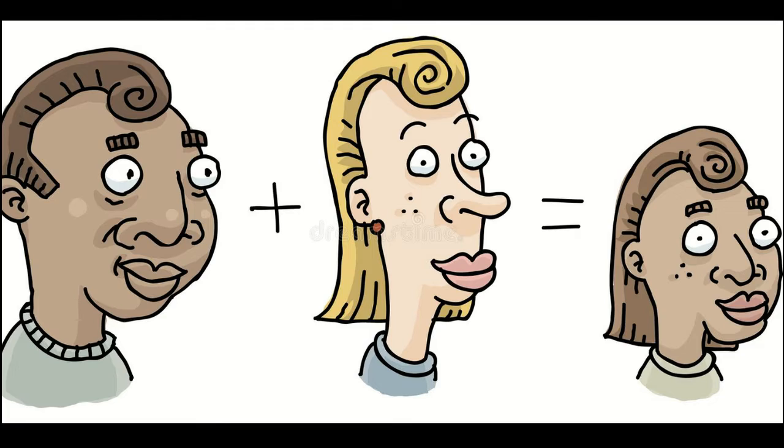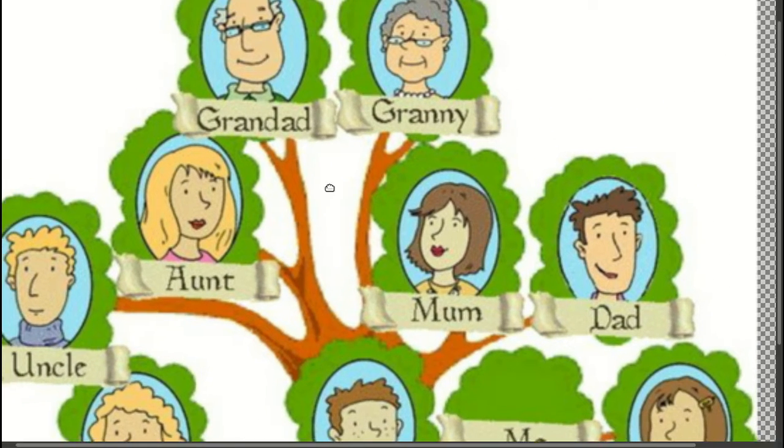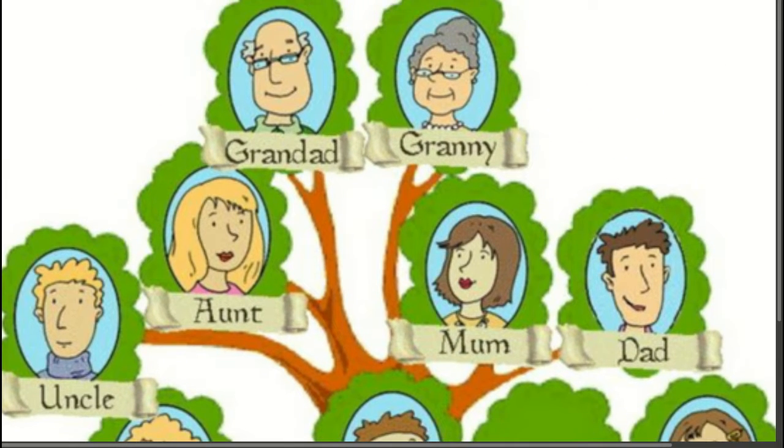So if I take as an example a DNA sample from you, I can trace your mother, I can trace your father, because parts of your DNA are from mother and father. So the DNA passes through all generations. Same as in this example, I start with grandmother and grandfather.